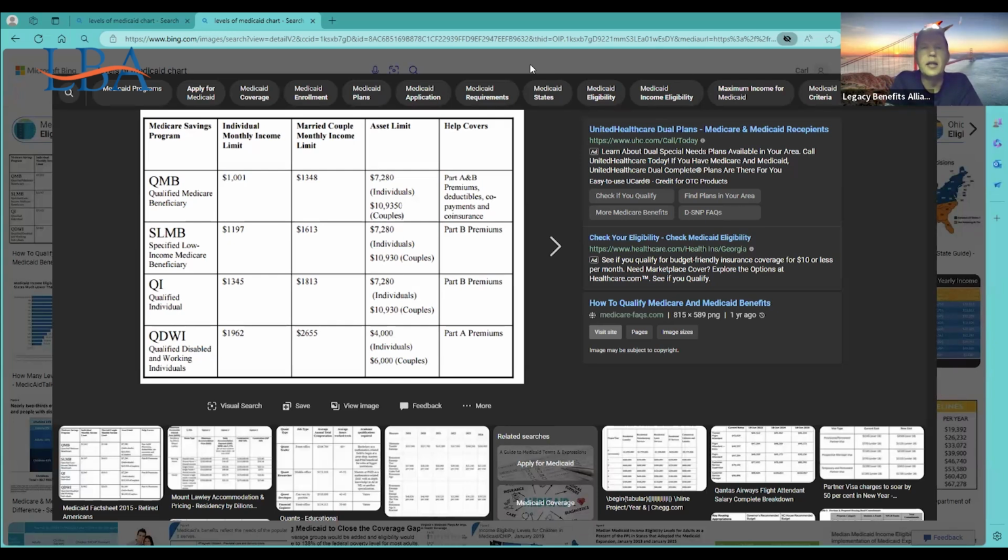They're allowed an income, but the income is so low that they're probably just going to say, I'm not going to bother working. In my experience, I think I might have come across one person with QDWI, but it is so rare that I'm just going to tell you to call me if you do come across an individual with that circumstance, because they will be in a whole different category than the other three that we're going to talk about.